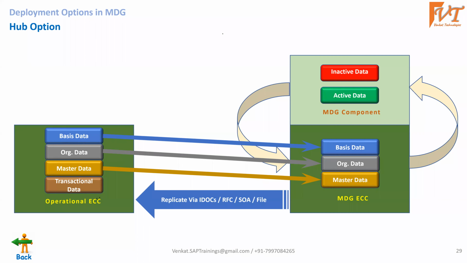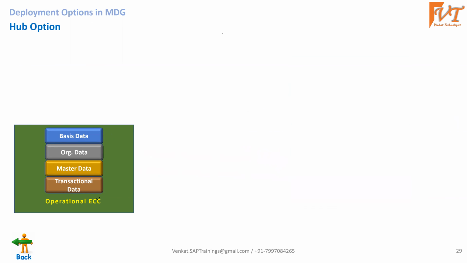Any other questions from anyone? In the hub option, data is replicated via IDoc, RFC, SOA, or file. In the co-deployment option, how is data replicated, sir? Very good question.